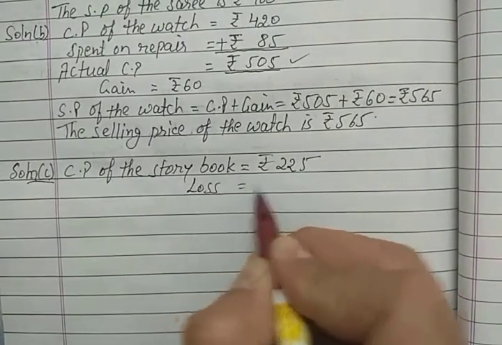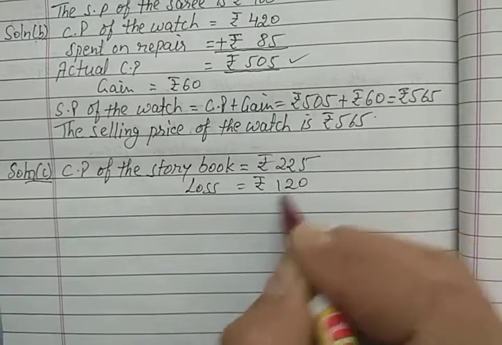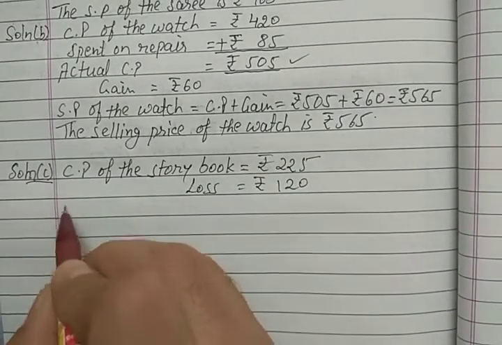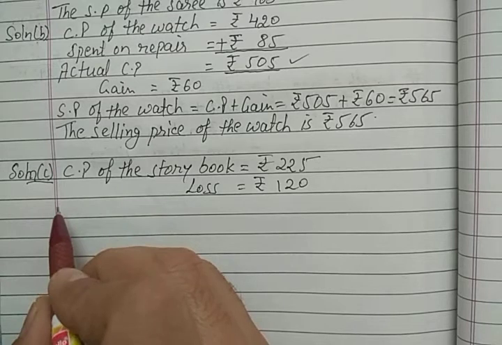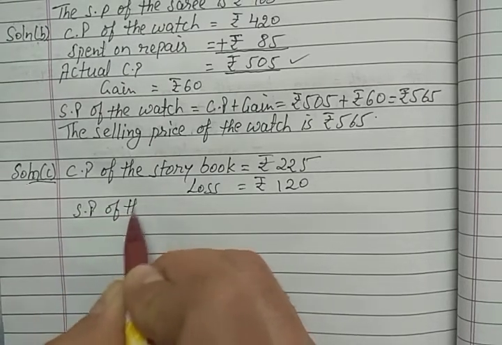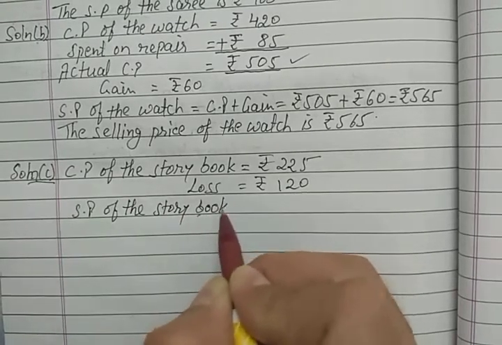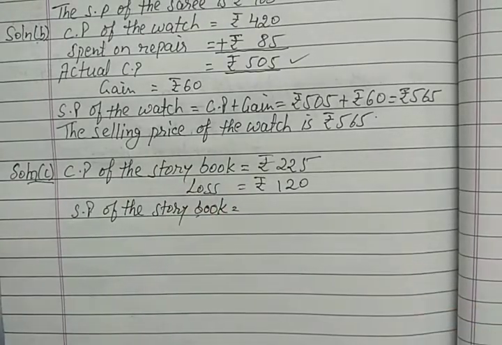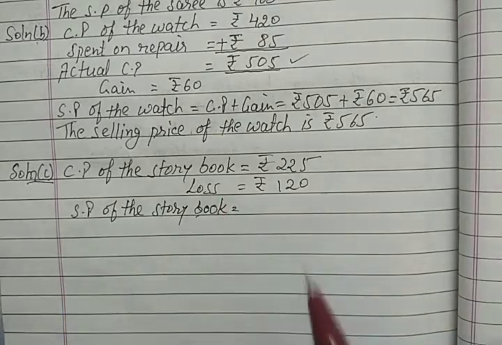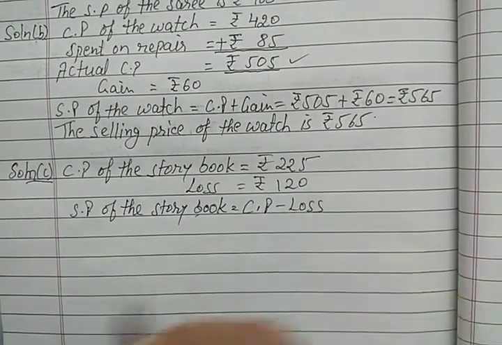Loss is equal to rupees 120. Right? Now you have to find out the selling price of the storybook. What is the formula to find selling price when the loss is given? Cost price minus loss.